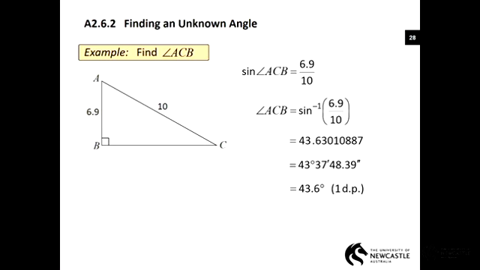Or, this is what I'll do. I'll just call it 43.6 degrees to 1 decimal place. If no one's told me to go to degrees, minutes, seconds, I can easily see that 43.63 is just 43.6 degrees. So you don't have to express an angle in degrees, minutes, seconds, that'll do.